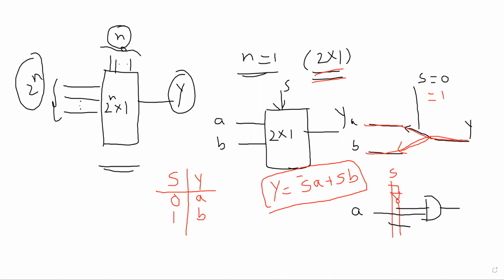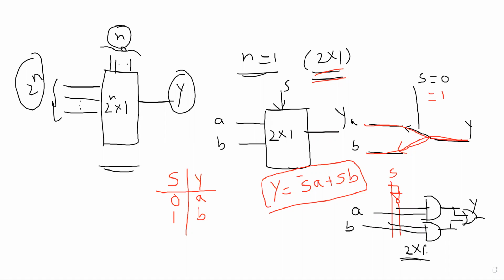If s is 1, b is selected, and these two should be connected to an OR gate. This is y. This is the logic diagram of the 2 by 1 multiplexer.